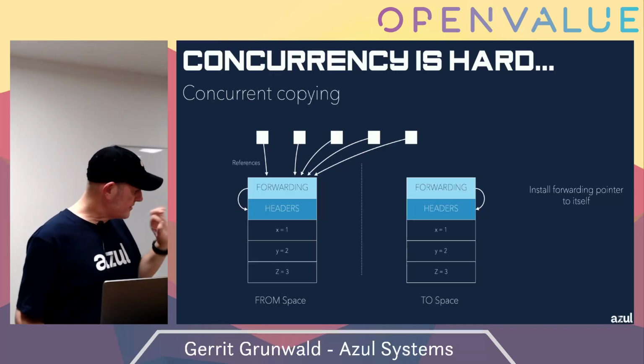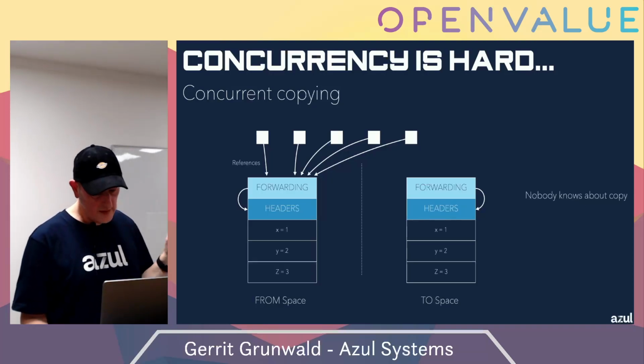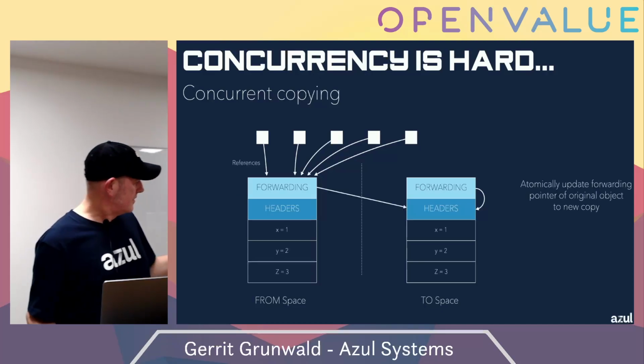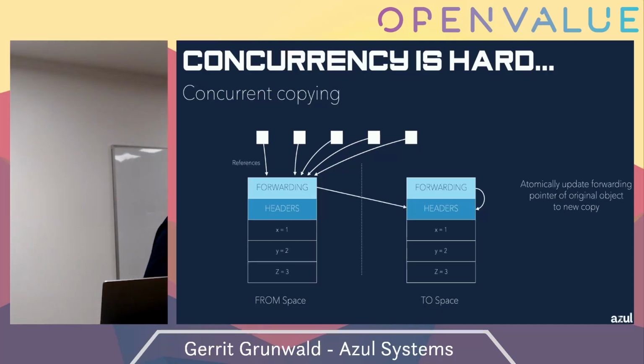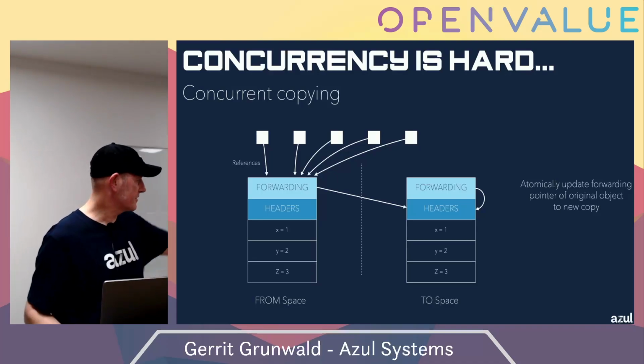And now the trick that they use is coming, because what they do is they move this forwarding pointer to this header. Right? This is an atomic operation. Nobody can step in. This is like below 1 millisecond. It's really just pointed to the new location. And then they start updating references here.